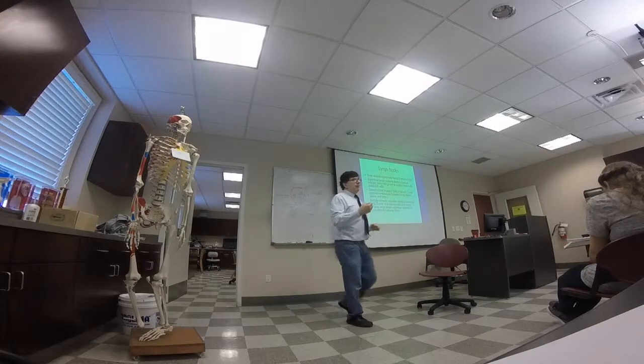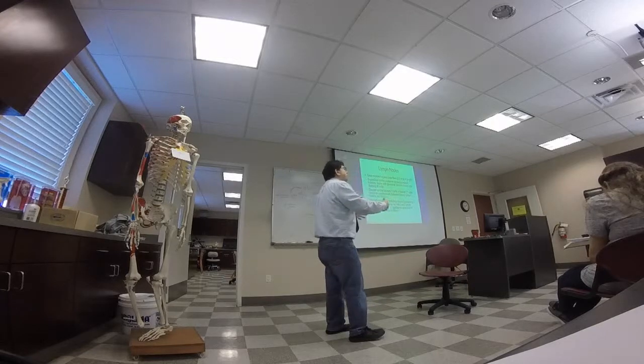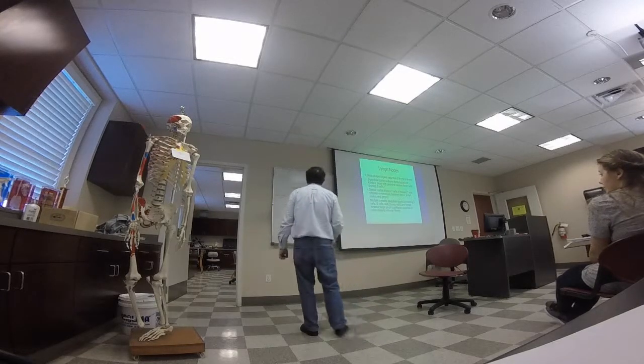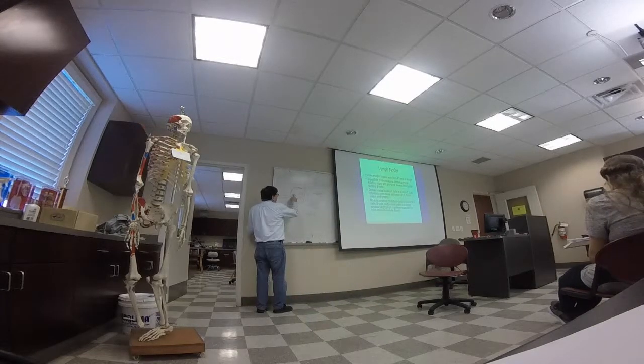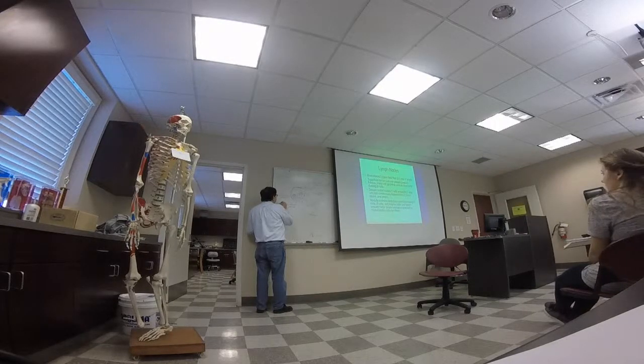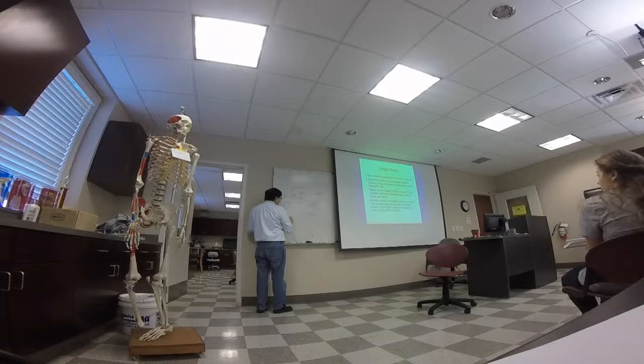So if you see a follicle that has a germinal center, you know that it's reacting to an antigenic challenge. A follicle with a germinal center is called a secondary follicle. Whereas if you have a follicle like this without a germinal center, we simply call that a primary follicle.